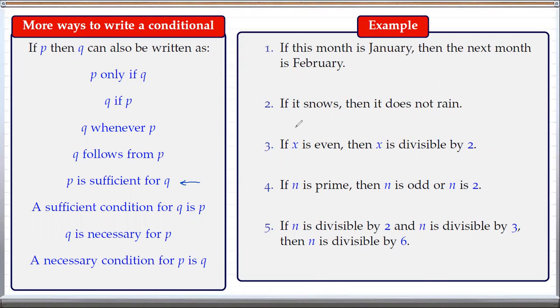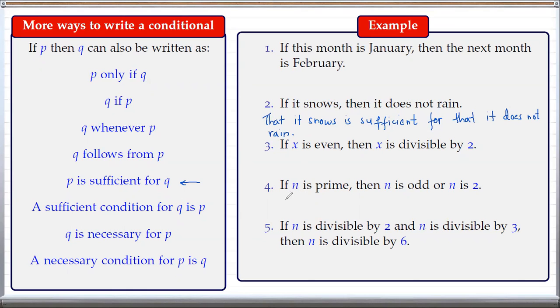We can say that it snows is sufficient for that it does not rain. It may sound a little bit awkward because we don't say this statement using the word sufficient in general when we talk in our daily life.